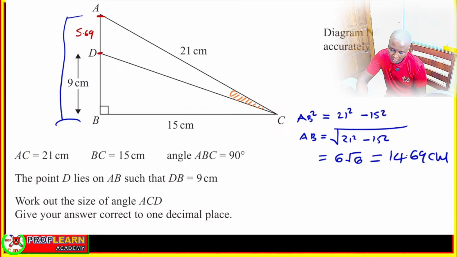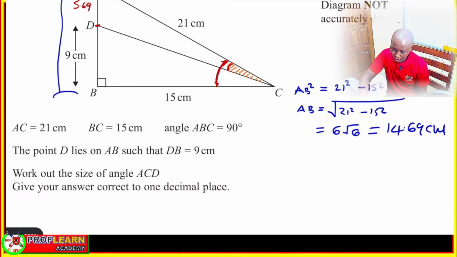If I want to find this angle that we have here, I can find the whole of that angle, and I'm going to use SOHCAHTOA so that I can find it. So I'll say tan theta is equals to opposite over adjacent.